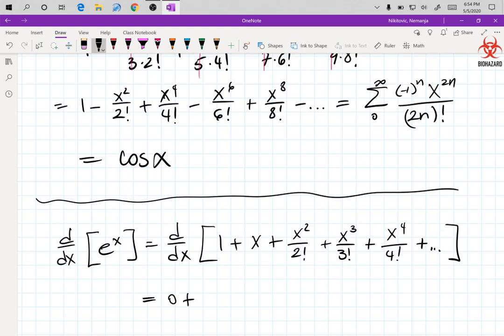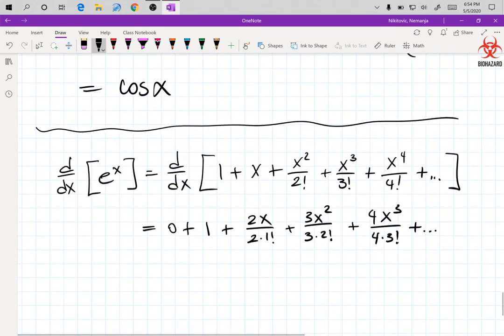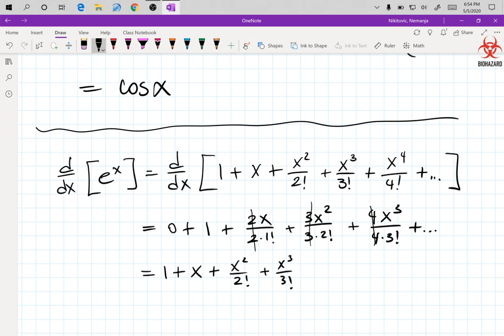Derivative of 1 is 0, plus derivative of x is 1, plus 2x over 2 times 1 factorial, plus 3x squared over 3 times 2 factorial, plus 4x cubed over 4 times 3 factorial, plus, what do we get? 1 plus x over 1 factorial is just x, plus 3's cancelled, 2's cancelled, 4's cancelled, x squared over 2 factorial plus x cubed over 3 factorial plus, that's e to the x.